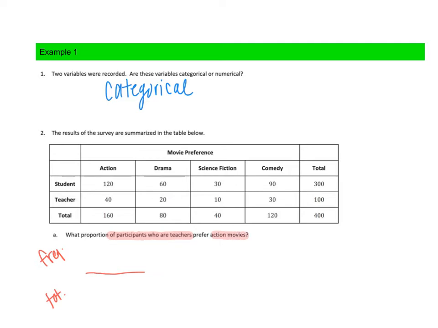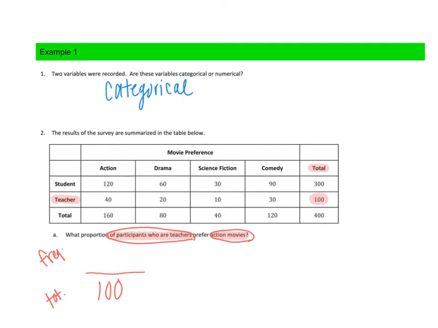So it's asking us for this frequency, and this is the total number of people that we're looking at. We're looking at the total being the number of participants who are teachers. So how many total teachers were surveyed here? Well, I go to my teacher row, and I go to the total column, and I line those up. The total number of teachers surveyed was 100. So out of the 100 total teachers surveyed, how many of those liked action movies?